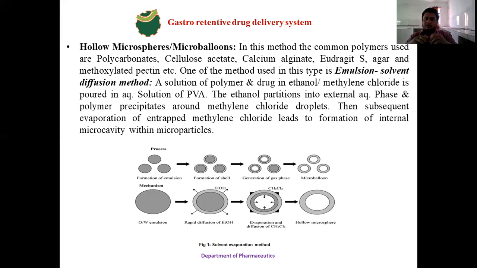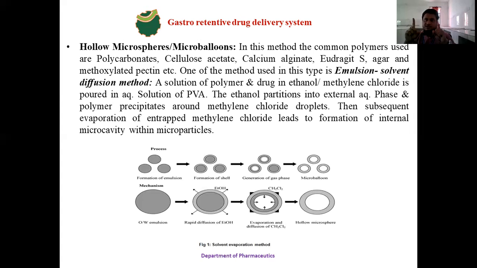So there is a first solution, which has the polymer and the drug, in a mixture of ethanol and methylene chloride in a ratio of, say, 1:1. These two components will mix, and then we pour it into the aqueous solution of PVA.